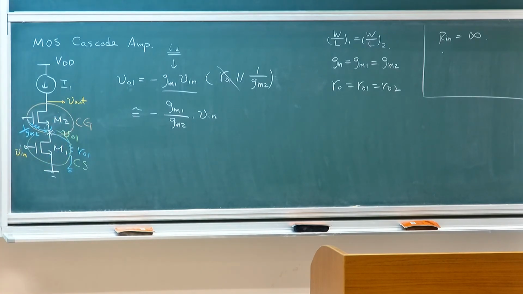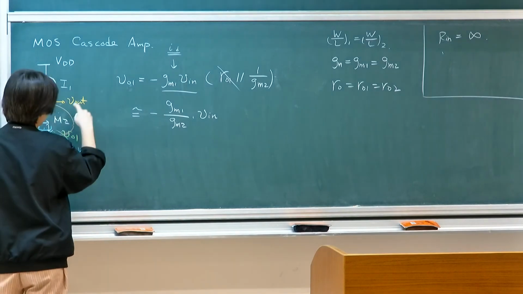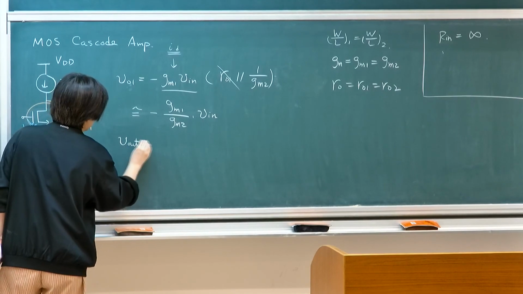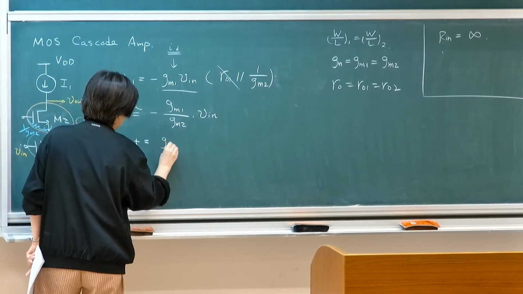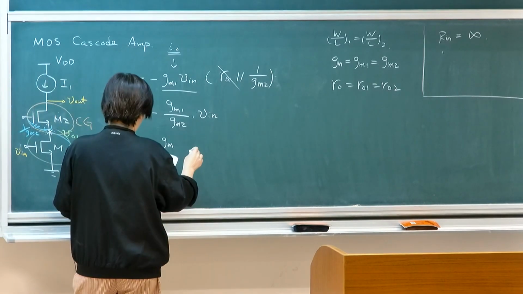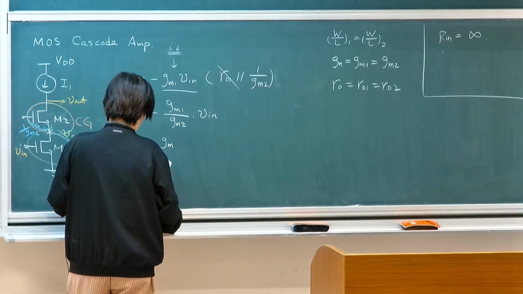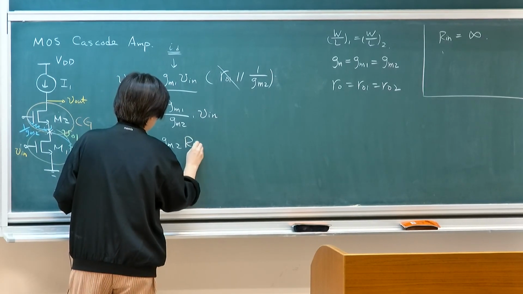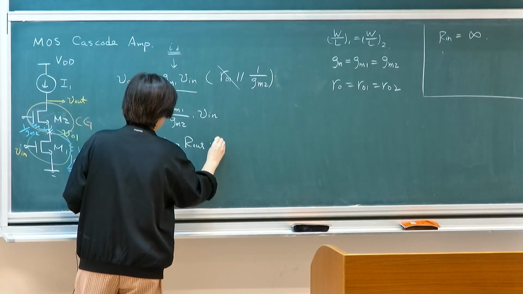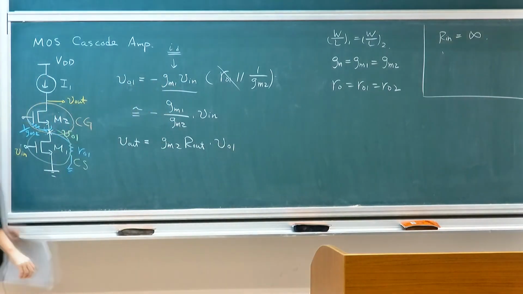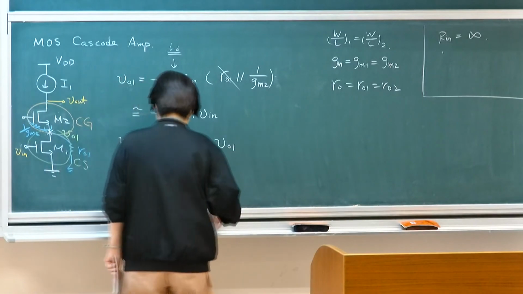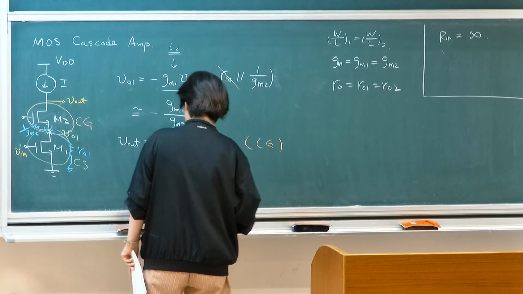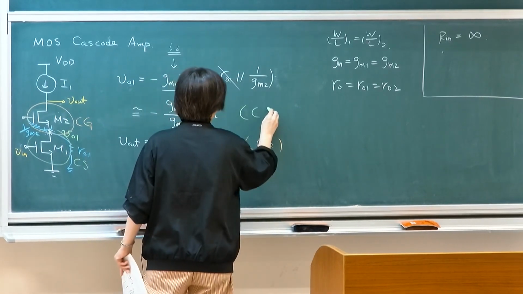Okay? So you get this particular point, and then this is being amplified. So this is a common gate stage. I know that my output, based on the common gate stage, is supposed to be GM2 Rout times VO1. This is the second stage, when we consider the common gate stage. The previous equation is when we consider the common source stage.